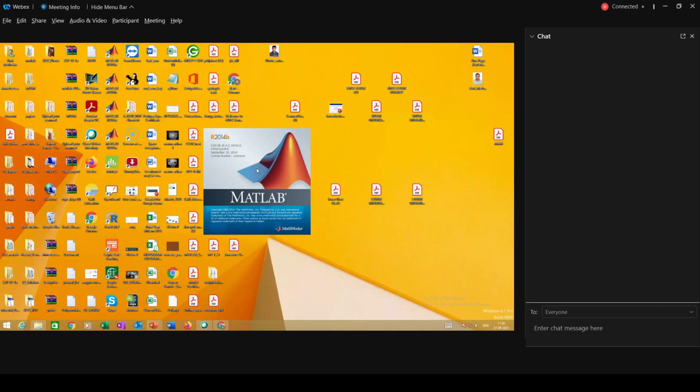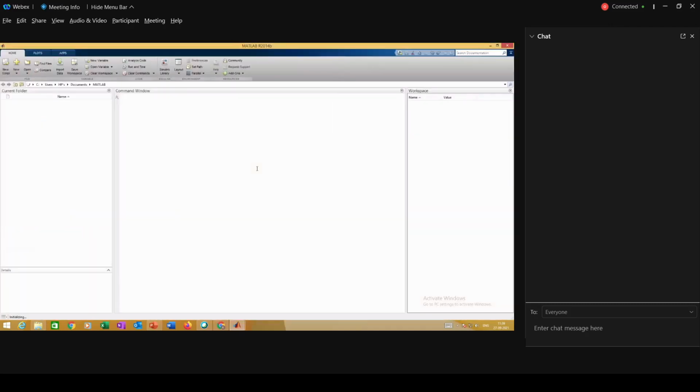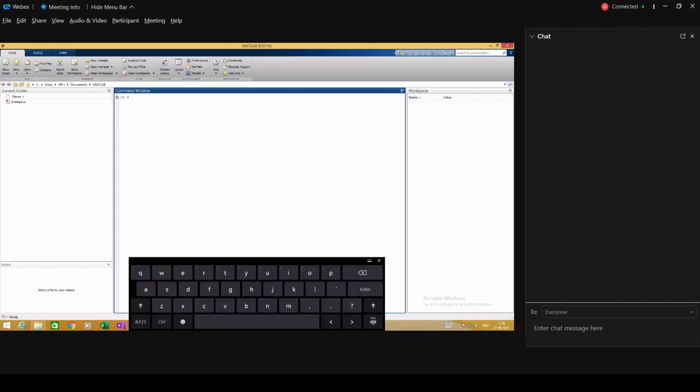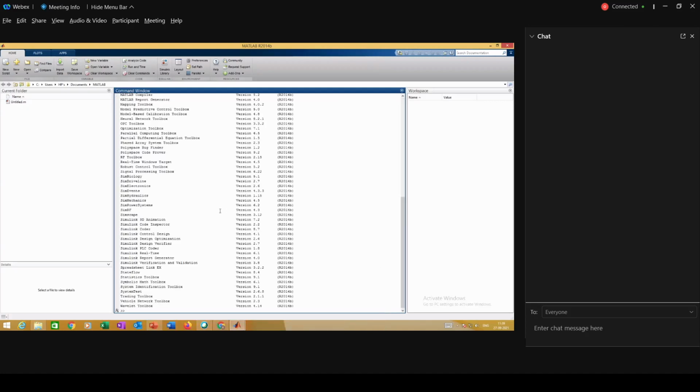By just typing ver. If you type ver, it gives you the list of toolboxes which are available in your current version of Matlab. Yeah, so it has a Symbolic Math Toolbox.